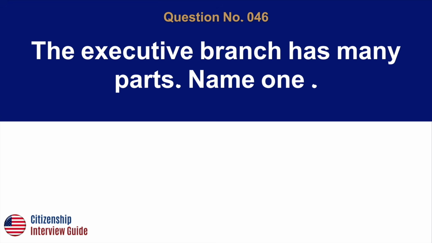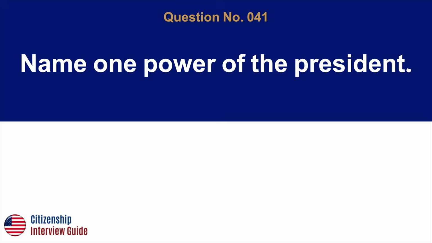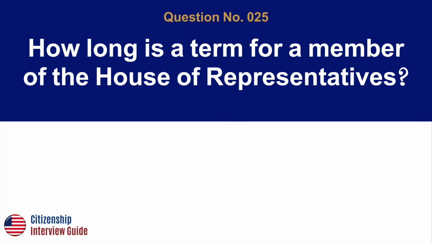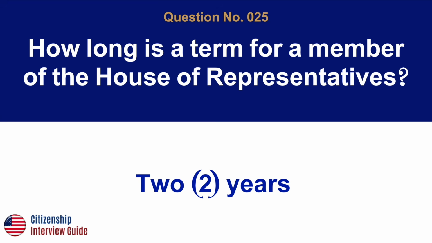The executive branch has many parts. Name one. President. Name one power of the president. Vetoes bills. How long is a term for a member of the House of Representatives? 2 years.